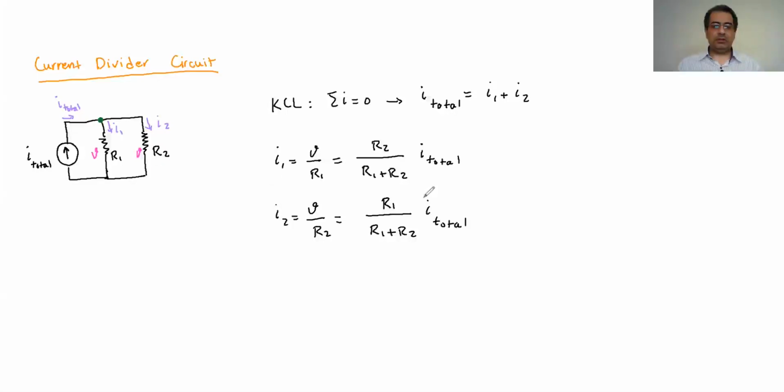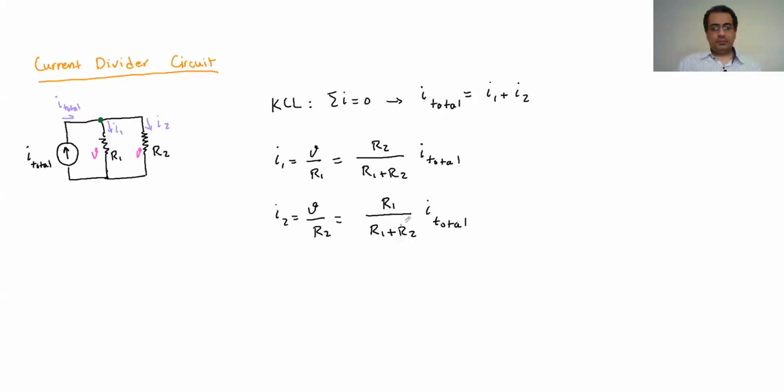One important point is that, unlike the previous one, where we could have R1, R2, R3, R4, as many resistors as we want in series, this one is valid only for two resistances. If you have three, it is not valid anymore. It is only valid for two resistances in parallel.